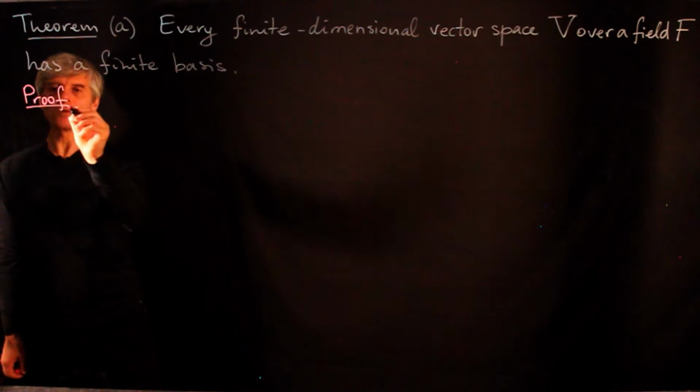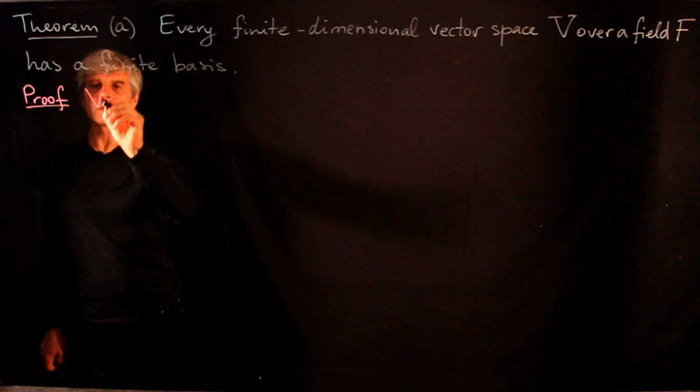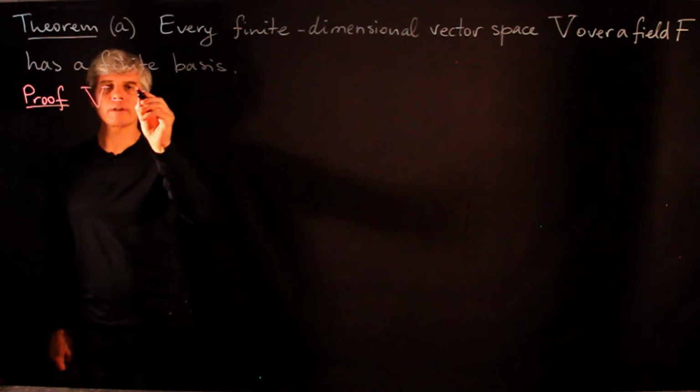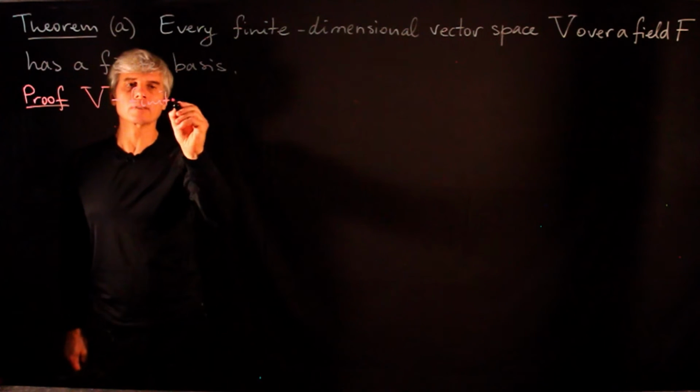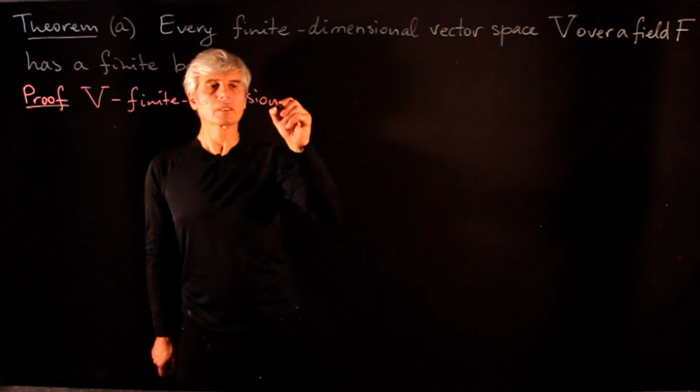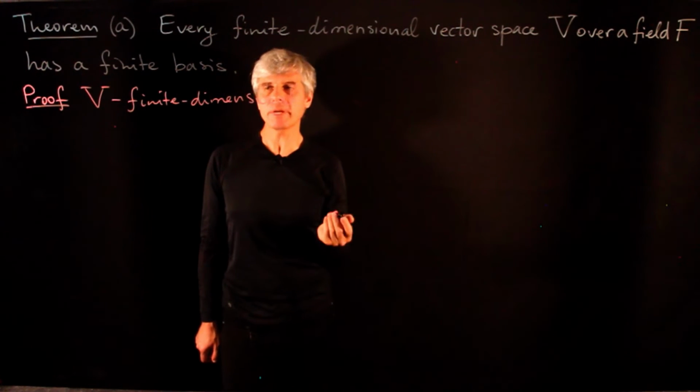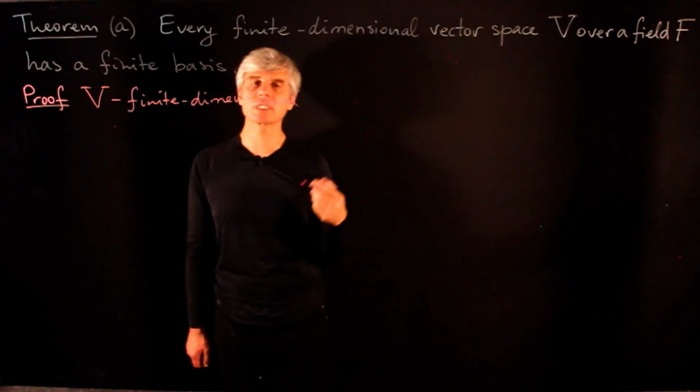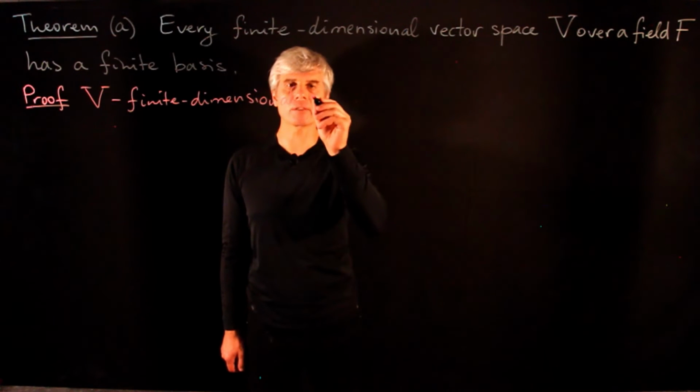So what was our definition that the vector space is finite dimensional? A vector space is called finite dimensional if it's spanned by a finite set of vectors.